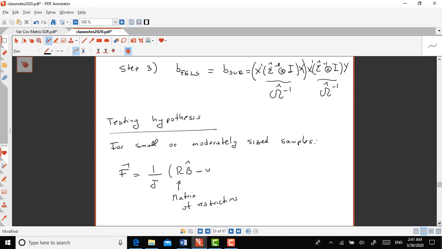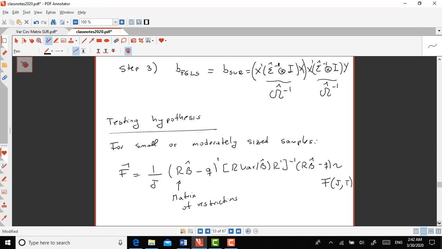Remember how to work with the restrictions using this big R matrix and this Q matrix, times R, the variance of beta hat, prime inverse, times R beta minus Q. Okay, so it can be shown that the F hat value follows an F distribution with J and C degrees of freedom.